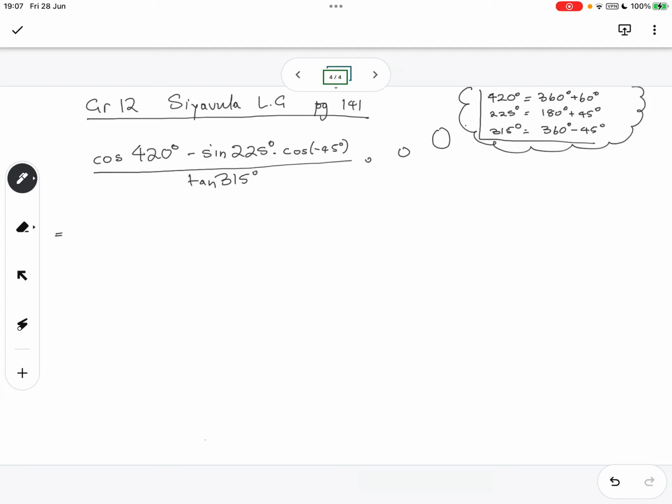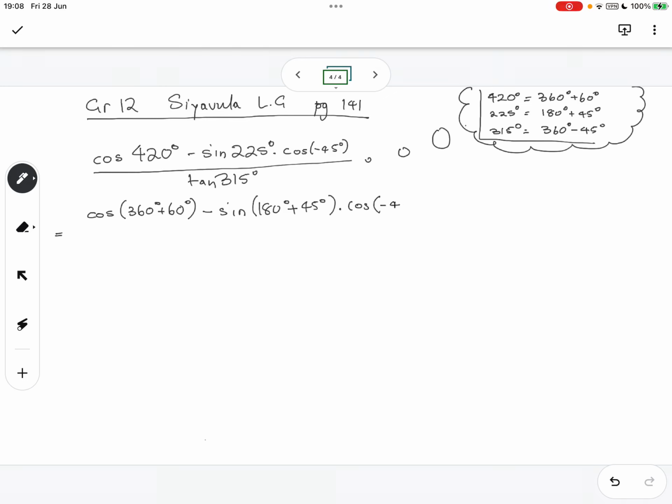So cos of 420 degrees would be the cos of 360 degrees plus 60 degrees minus the sine of 225, which would be 180 degrees plus 45, and cos of negative 45.